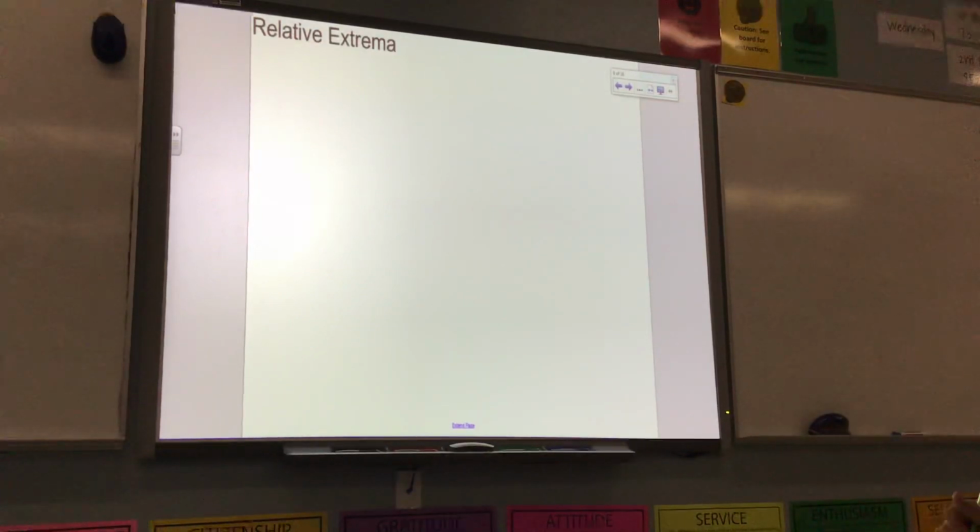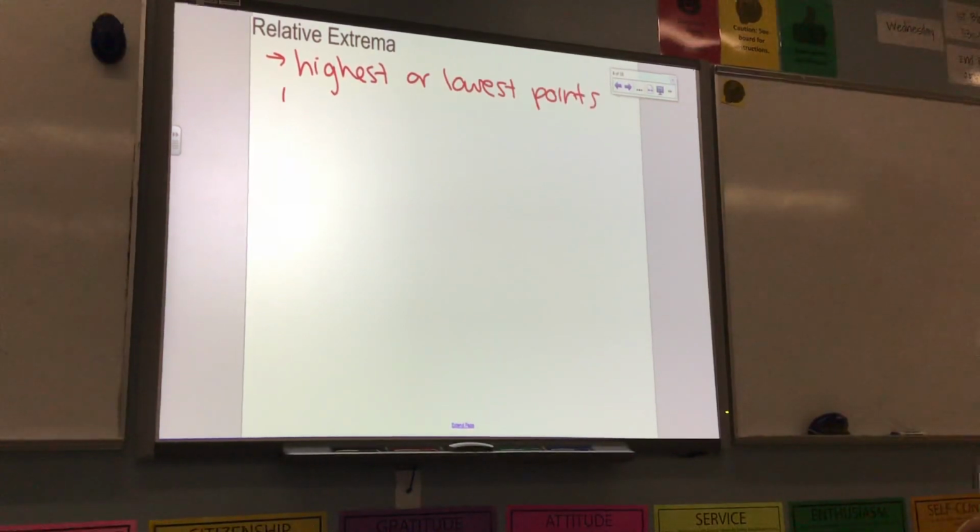Somewhere that it turns around and goes the other way. The relative part means it's not necessarily the actual highest or lowest points, but they are in that region the highest or the lowest points. So they're the extreme values in some region. So this is the highest or lowest points in a region of the graph.